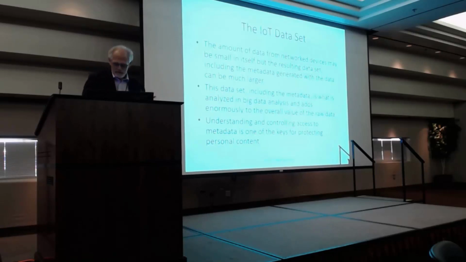The metadata may tell you what time I took this data, whether the data has changed from its last measurement to this measurement, and where it was located. That can add enormous value to the data and make it useful, but also increases the total size of the data set. Understanding and controlling metadata may also be a big part of ensuring personal privacy in cars, because it tells so much about you and what you're doing in the vehicle.